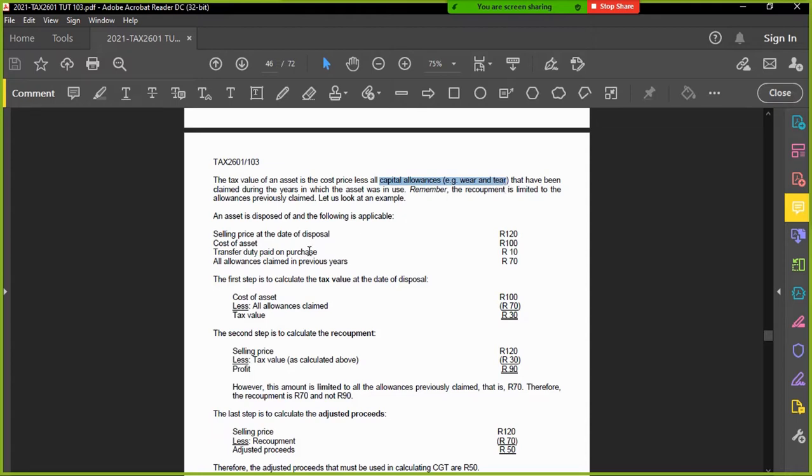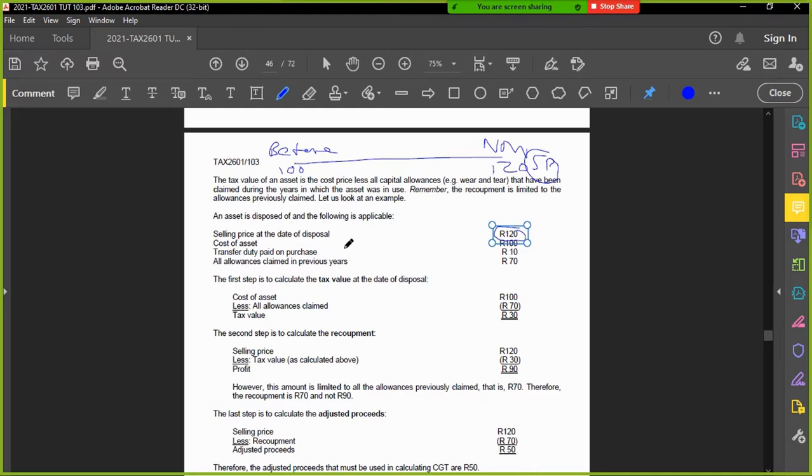Yes. Here's quite a nice example. Selling price at the date of disposal. I'm going to be selling something at 120. This asset costs 100. So this is before and this is now. Before, I bought the asset at 100; here I'm going to sell the asset at 120. Transfer duty was paid on the purchase. When I purchase the asset, if there's transfer duty, it is paid on the actual asset value or the price of the asset.